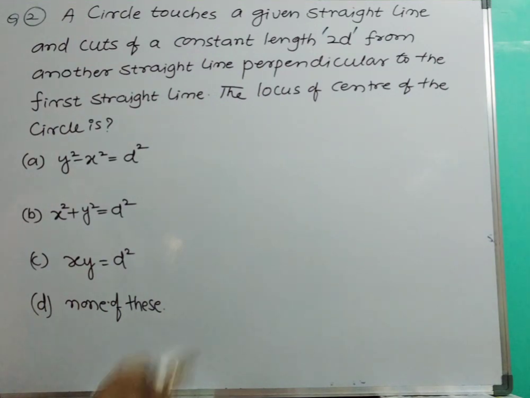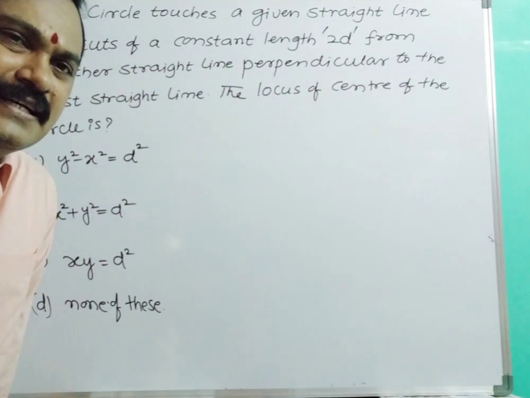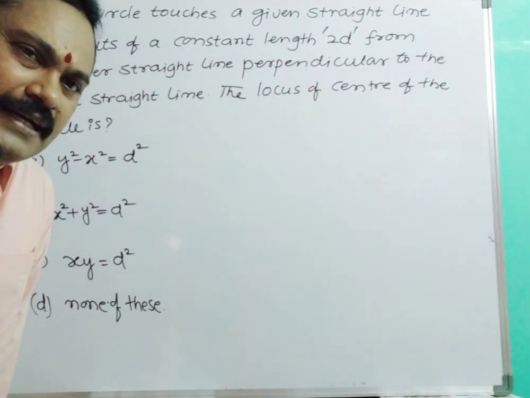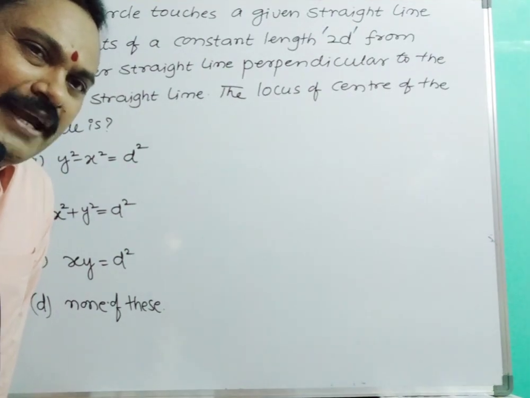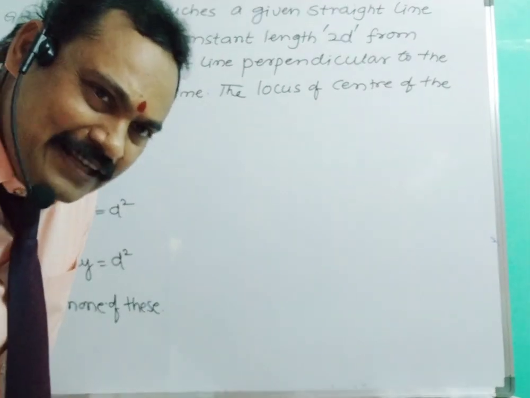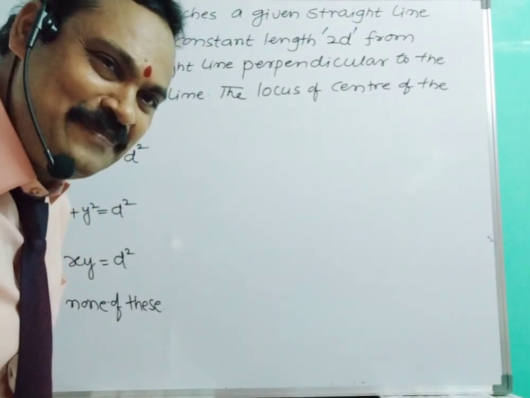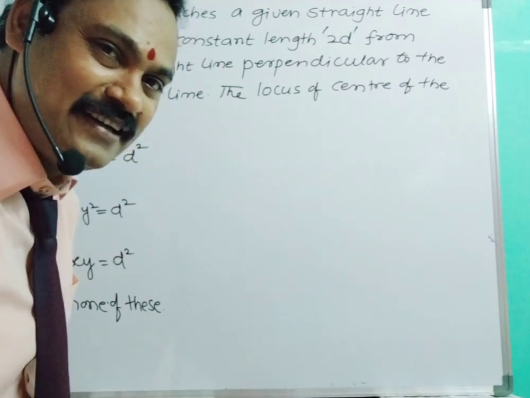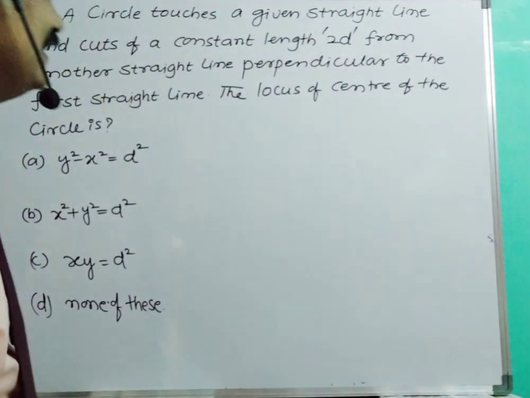Then the locus of the center of the circle is... Our circle is touching one line and cutting off length 2d by another line, which is perpendicular to the first line. Then what is the equation of the locus of the center?